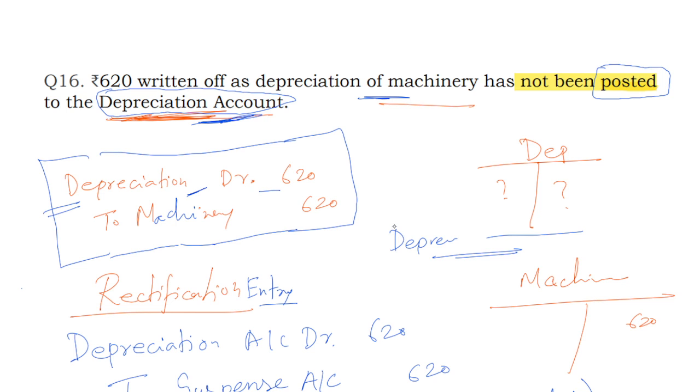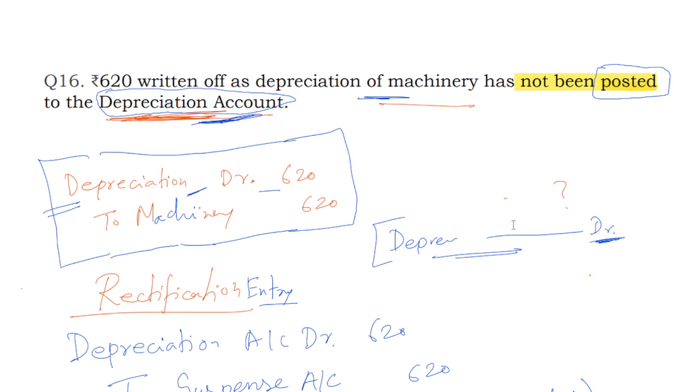Because the debit amount should be equal to the credit amount. If you open a debit, there should be another credit. So from this question it is clear that the depreciation account should be debited, without any doubt.